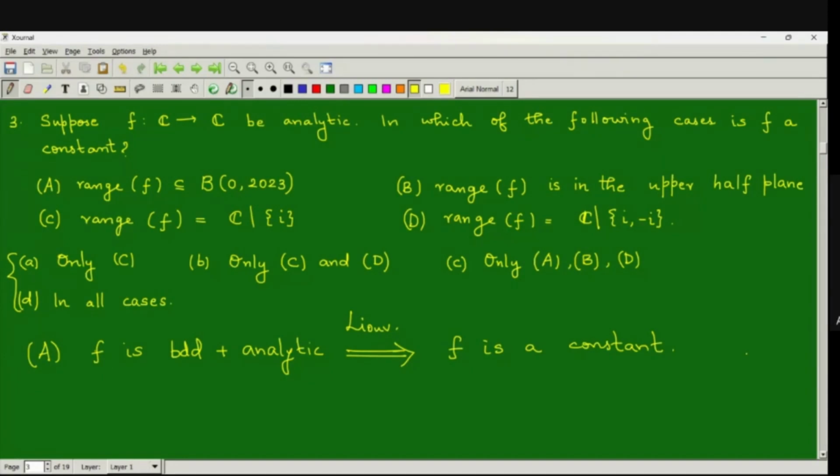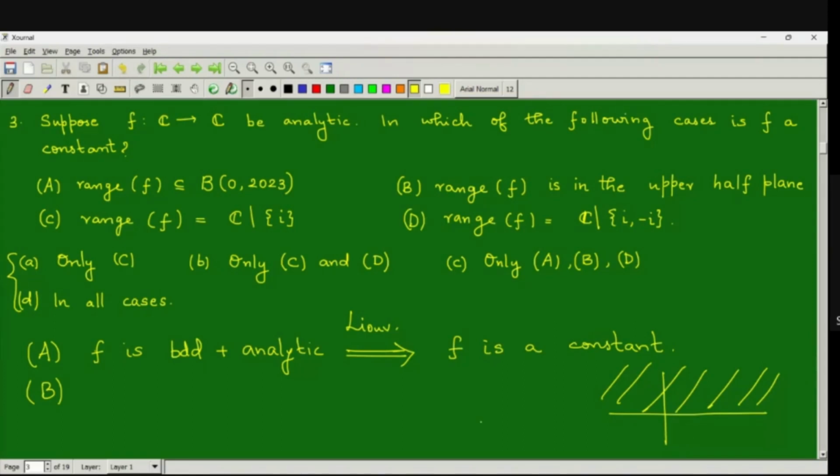Okay. So what is B telling us? The range is the upper half plane. Means what? The range of f leaves many points. Yeah, the range of f leaves many points.